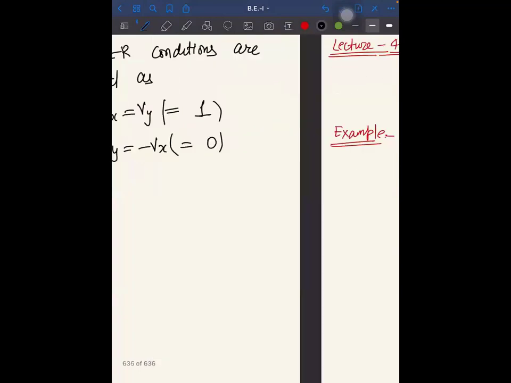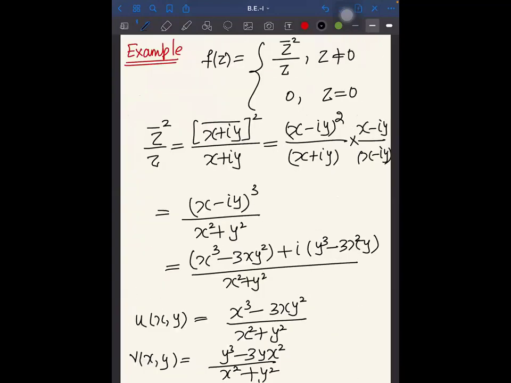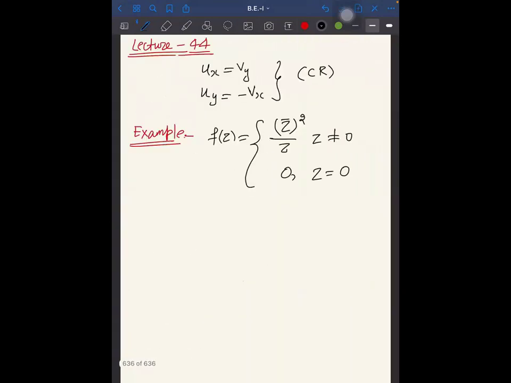Okay, so in the last lecture we have done those CR conditions, and we have verified for this example that the CR conditions hold at (x, y) = (0, 0), right? Now we'll prove that this function is still not differentiable even if the CR conditions hold. So let's say we want to find the differentiability at z equal to 0.